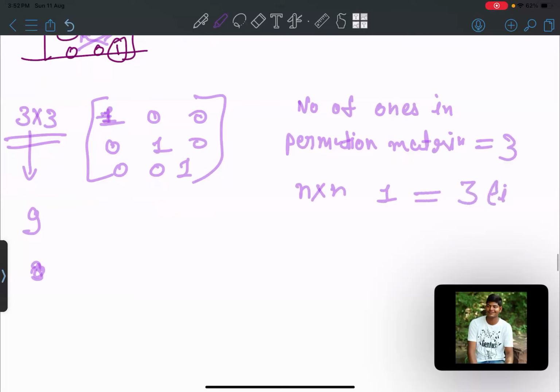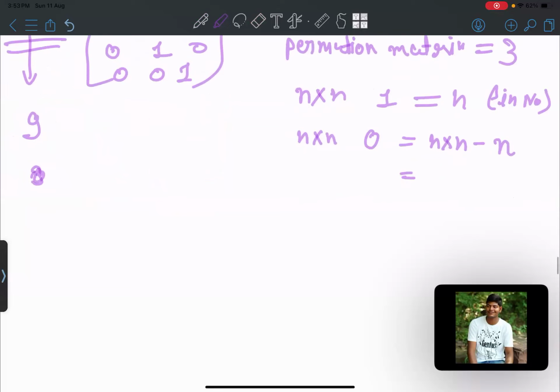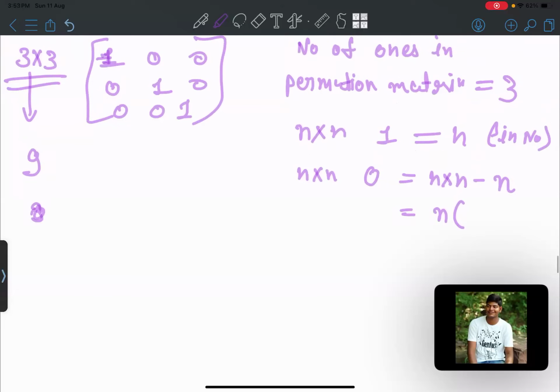Similarly, how many zeros will be there in an n cross n permutation matrix? It will have n multiplied by n minus n. If I take n common, here it has 6 zeros.